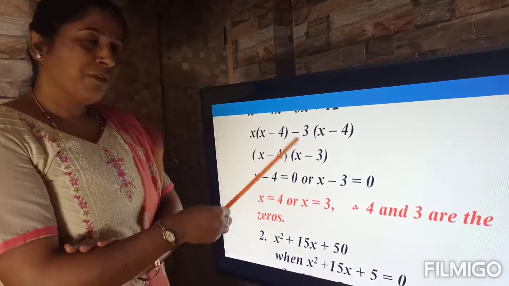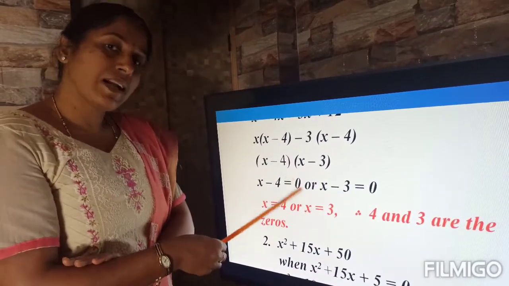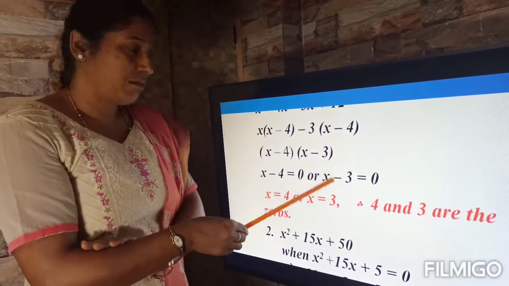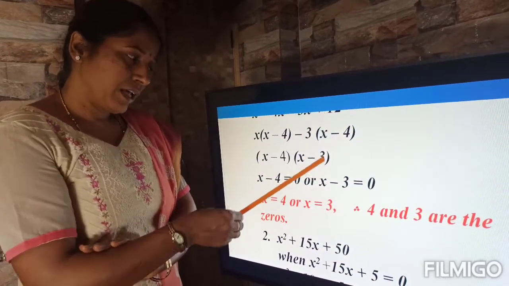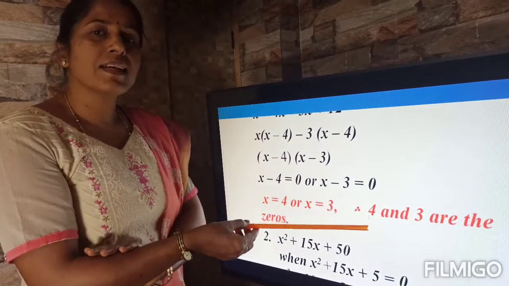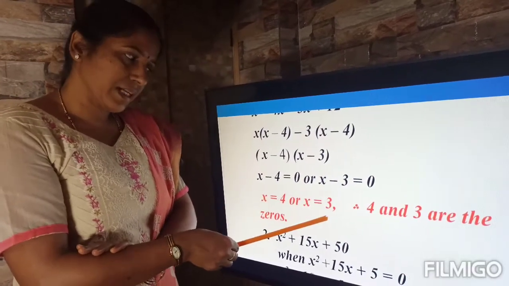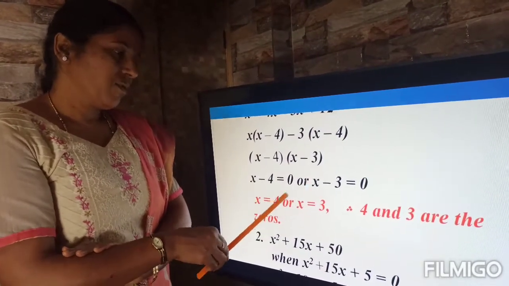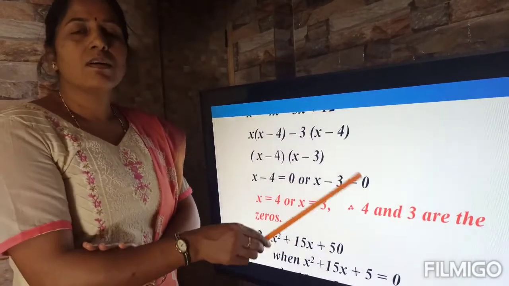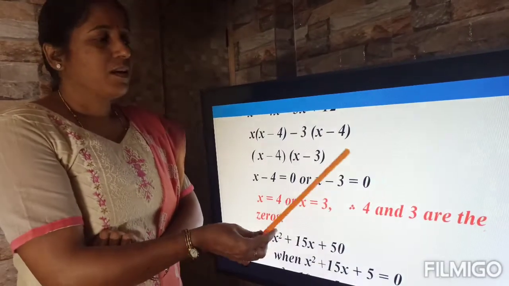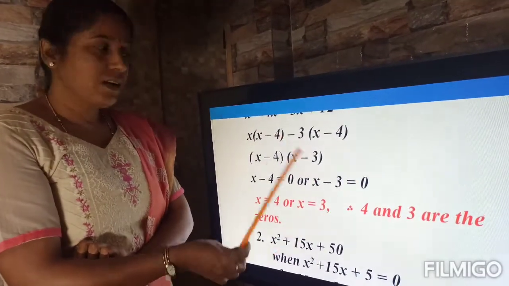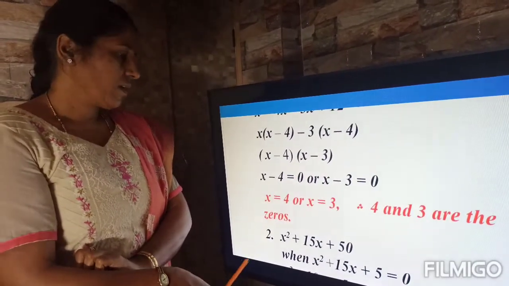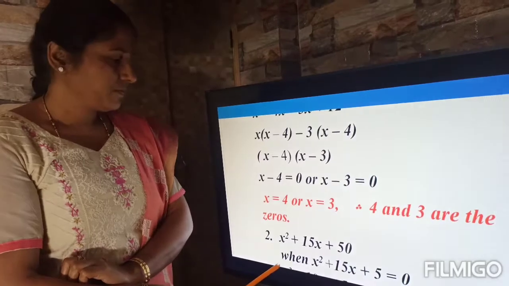Now minus 4 transfer to that side, it becomes plus 4, and x minus 3, x keep on the left side, minus 3 transfer to the right side, it becomes plus 3. Now we got the values of x, 4 and 3. Therefore 4 and 3 are the zeros of the given polynomial. Understood? Okay. We'll go to the next example.